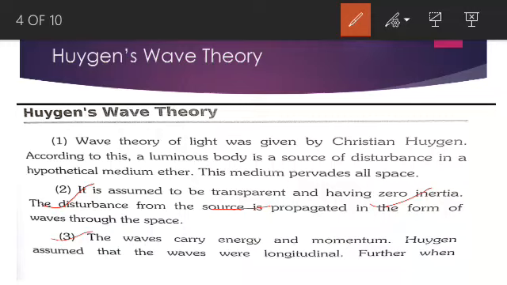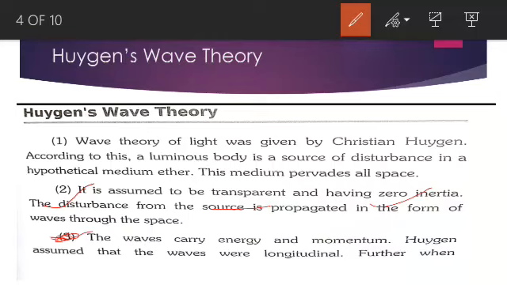Now, observe point 3 carefully, that this point 3 is similar to point number 5 of Newton's corpuscular theory. Newton's corpuscular theory also says that corpuscles carry energy and momentum. So there is a similarity between these two assumptions of Huygens and Newton.